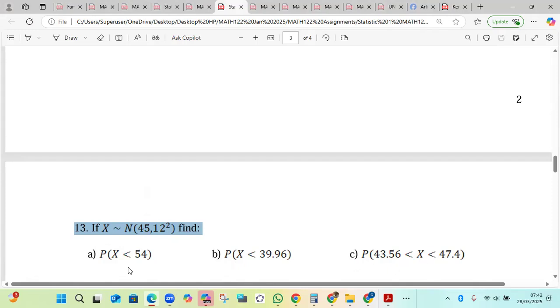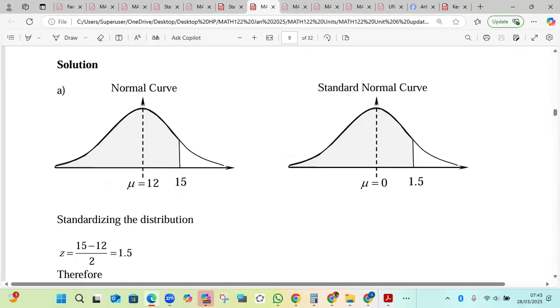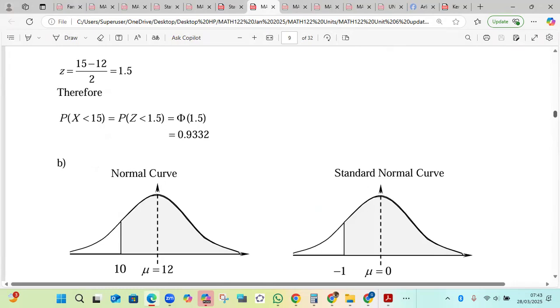So let's focus on part A. To answer such a question, we can refer to Unit 6. By now we are familiar with Unit 6.